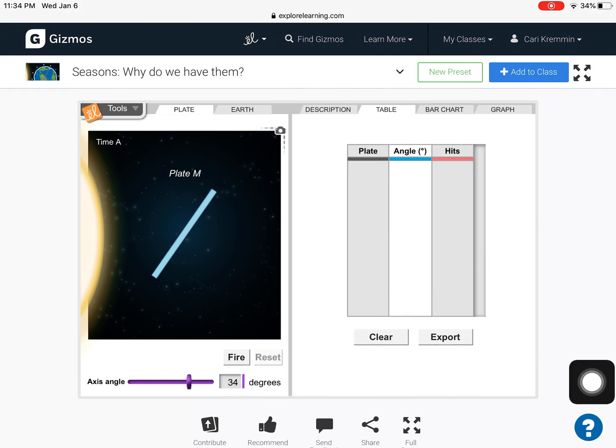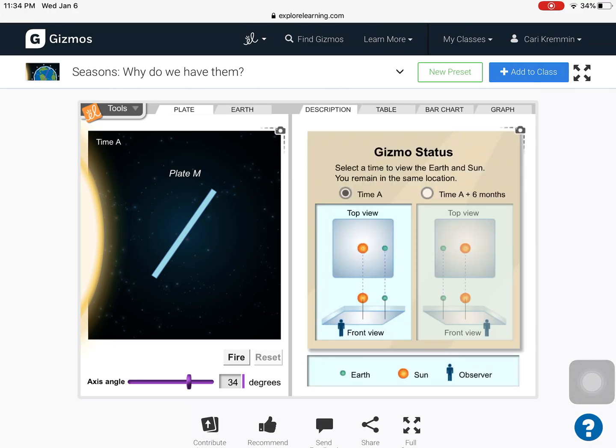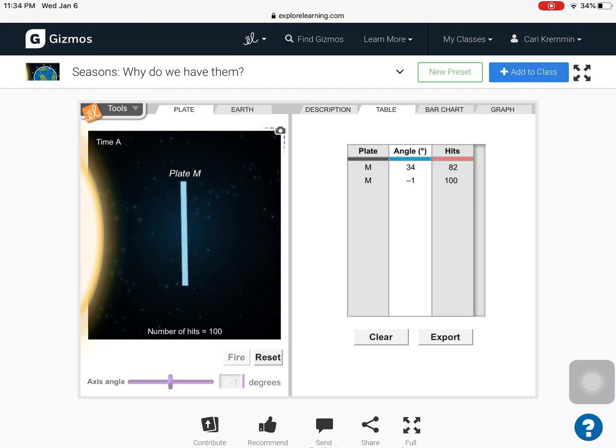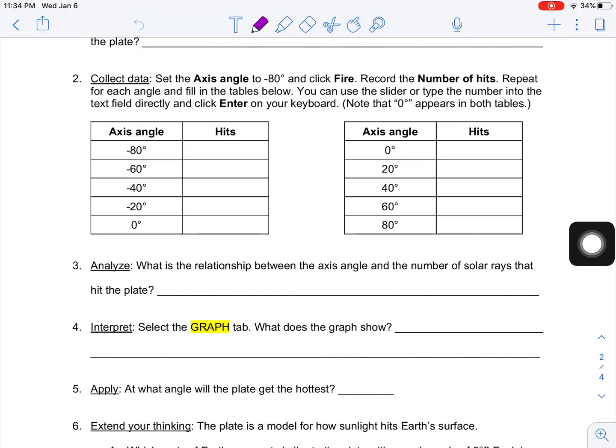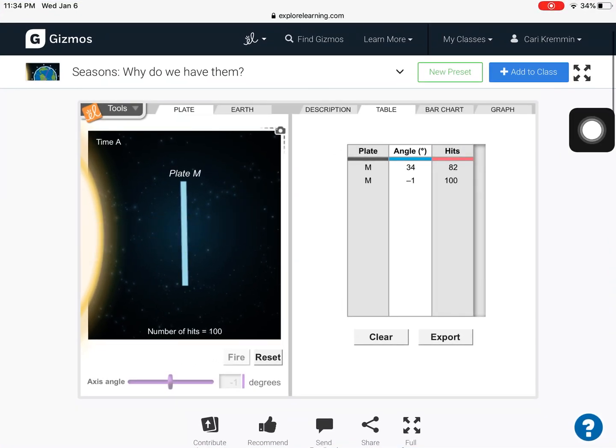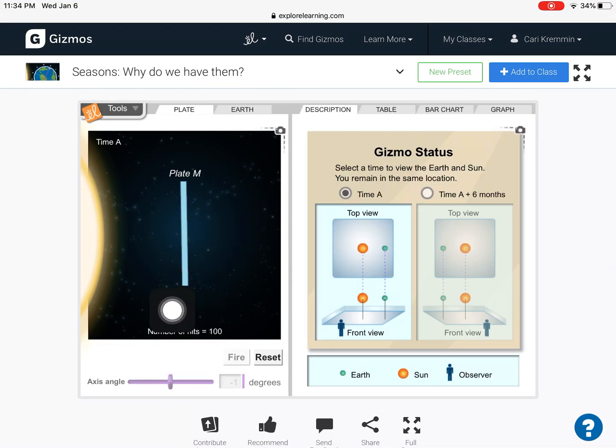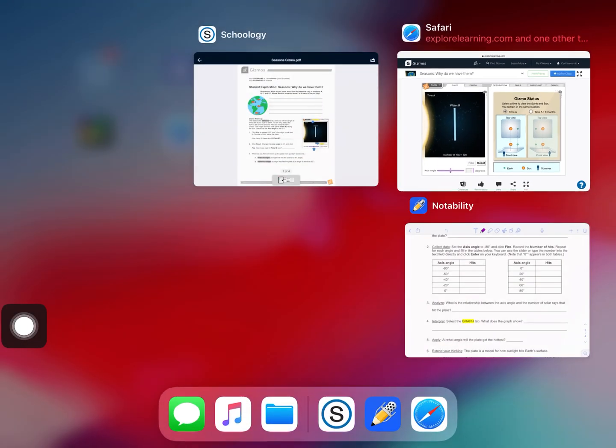If you want to kind of just work smarter, not harder, you could go ahead and pick out each of your numbers, and that's not perfect, but you could fire them and you can just build your table here and then copy paste or maybe even screenshot and fill it in here. Okay, that's one option. Or each time you can just stay right here on the description tab and just watch down here the number get recorded and copy that into your chart. Your choice. Okay. All right.